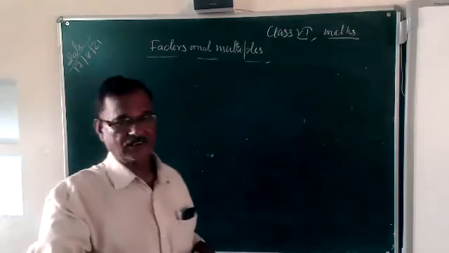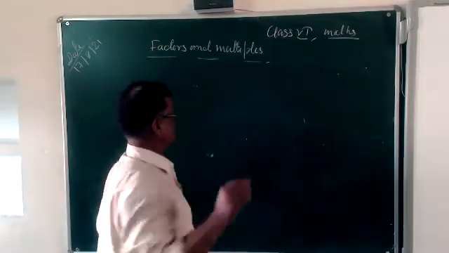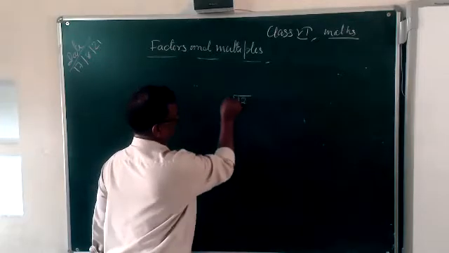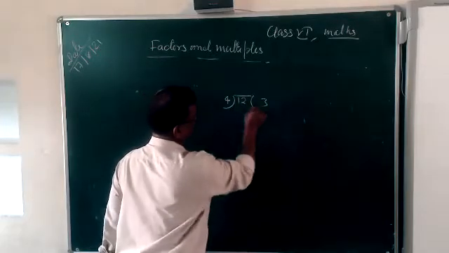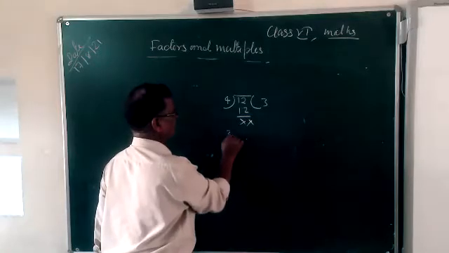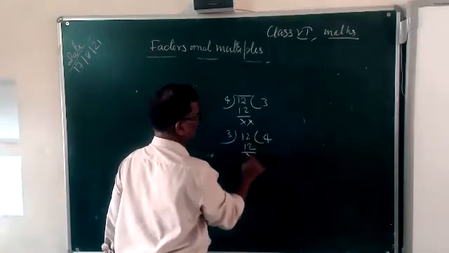There are dividend, divisor, and quotient. See here, if there is 12, this is the dividend, divided by 4, you will get 3. Or if you divide by 3, you will get 4.